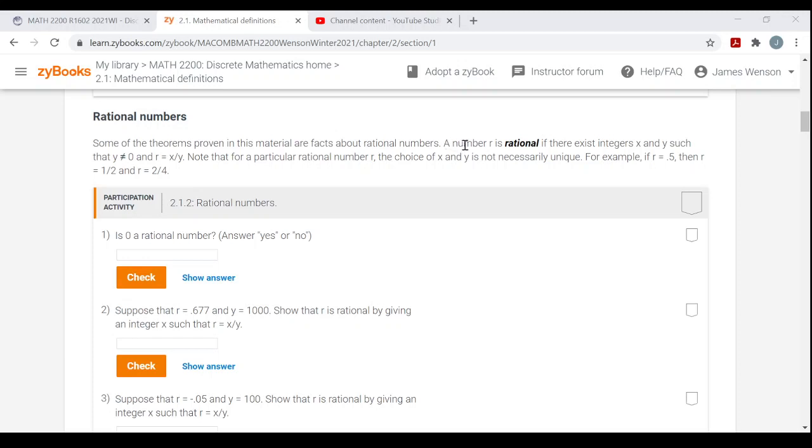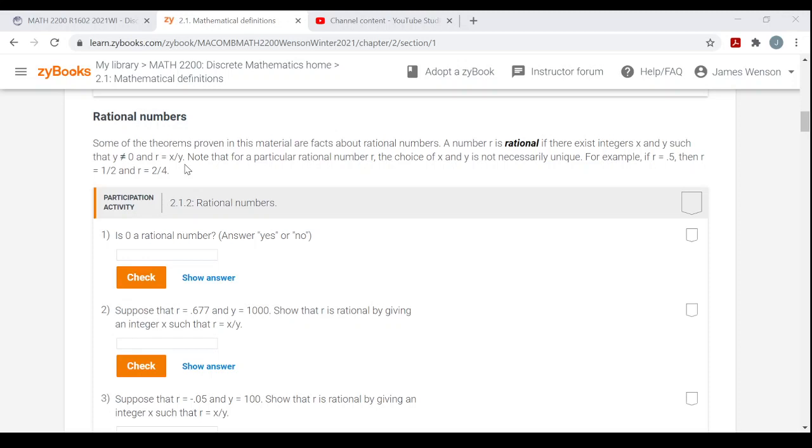A number r is rational if there exist integers x and y such that y is not 0 and r is equal to x divided by y. So basically, a rational number can be written as a ratio of two integers where the denominator is not 0.